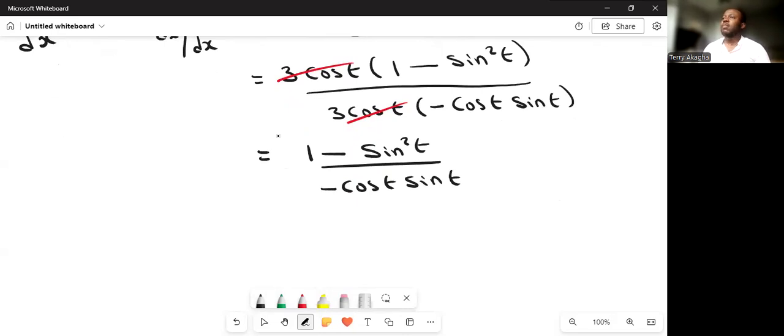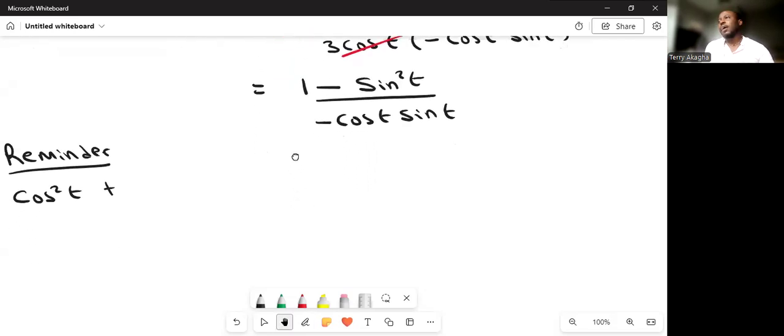Now, one of the things is that we talked about trig identities, and if you remember, one of the trig identities I told you then was that cos squared t plus, or let me put it, cos squared x. I think what I used then was cos squared x, just for students that were taking note.